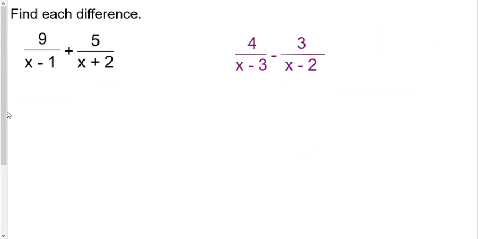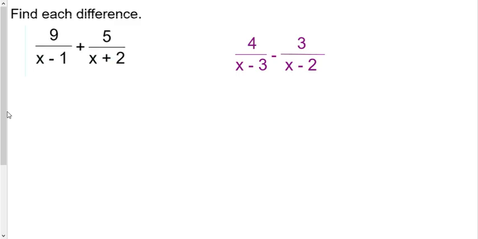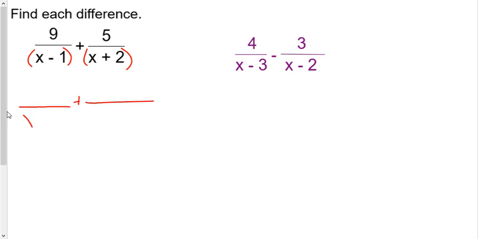All right, our last two problems. When you have binomial denominators, really this is the same as if there's a monomial and a binomial. Put parentheses around your two binomials, and your common denominator is their product.